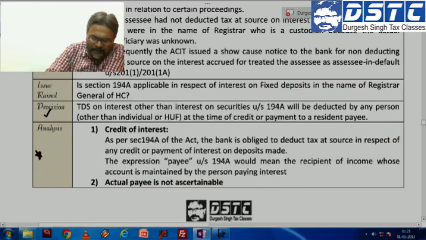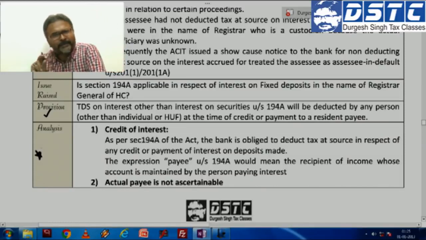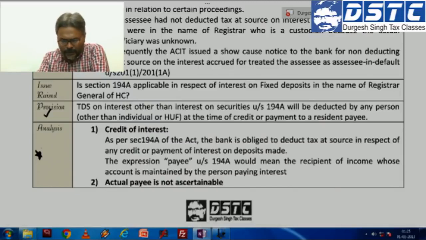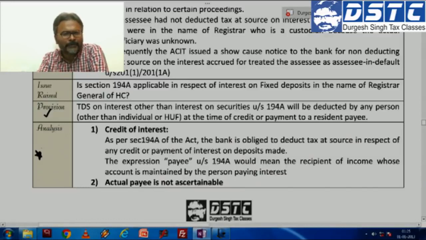What exactly is required is the analysis. You can remember more or less the same sort of analysis the way you dealt with in Henkel Spec will be required. What they say: credit of interest. As per 194A of the Act, the bank is obliged to deduct tax at source in respect of any credit or payment of interest on deposit made.